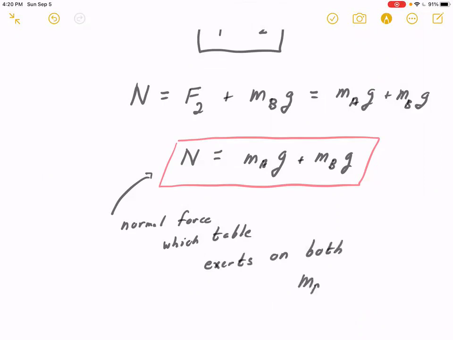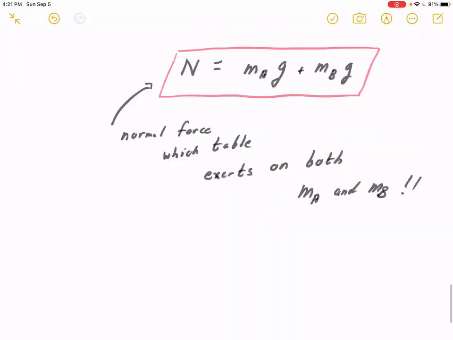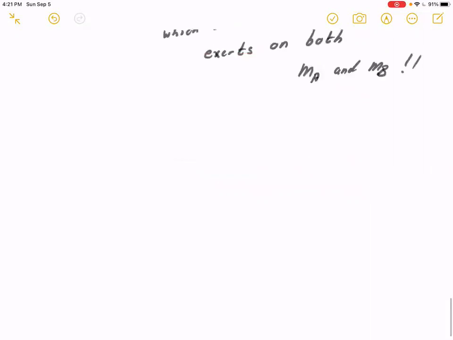So it's different from the previous case. It has to exert it on mass M sub A and M sub B. Okay, so armed with this information, we can tackle a problem from elementary physics known as the simple harmonic oscillator.